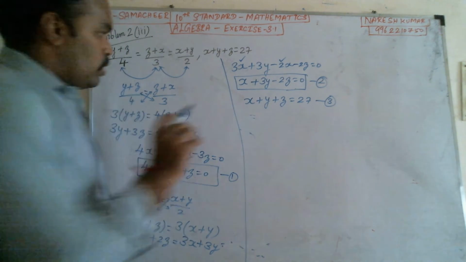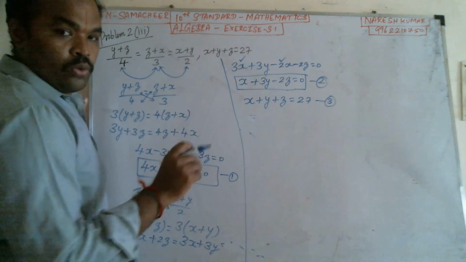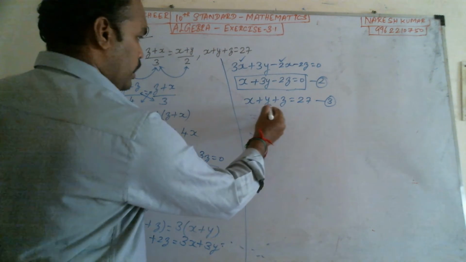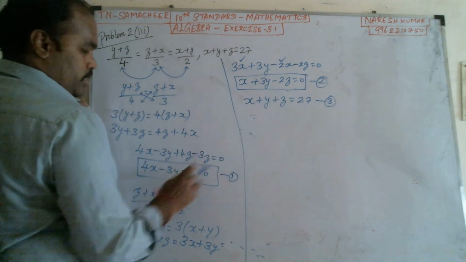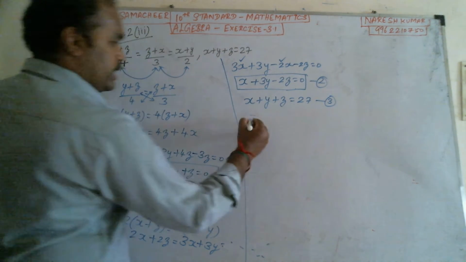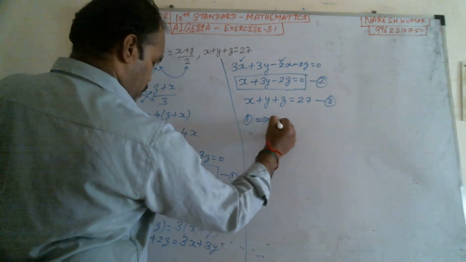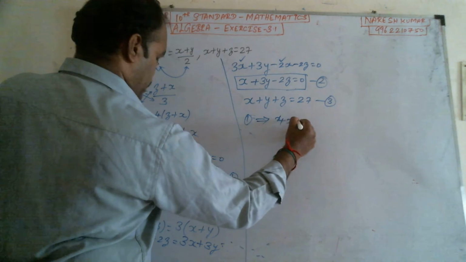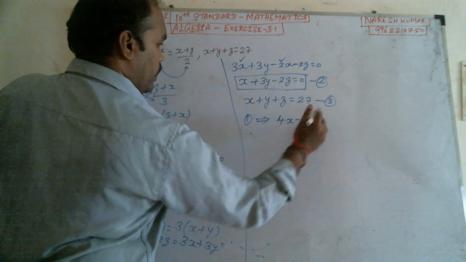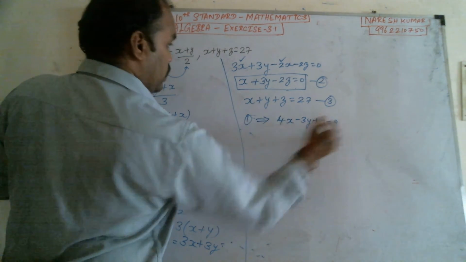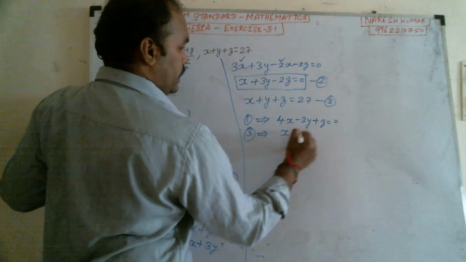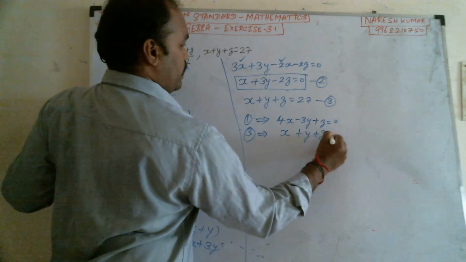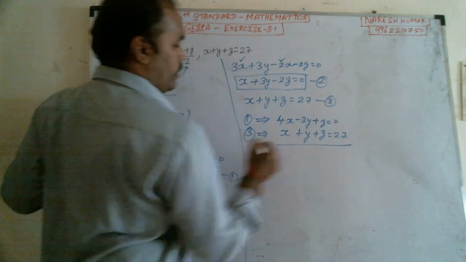How are we going to do it? We can take the first equation and the third equation, because z is there and we can cancel it. The first equation is 4x minus 3y plus z equal to 0. The third equation is x plus y plus z equal to 27.